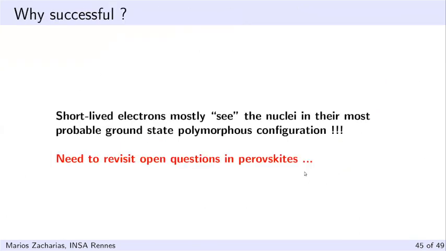So why is it successful? It's because if we use the locally disordered network, which is actually the ground state of the cubic phase, the short-lived electrons have different time scales than the nuclei. We'll mostly see the nuclei in their most probable ground state configuration. And this actually calls for revisiting some open questions regarding temperature-dependent observables in perovskites.